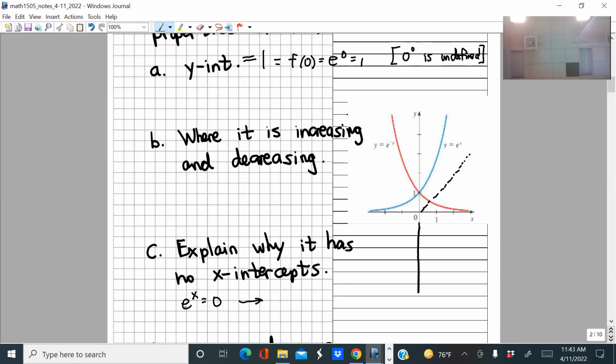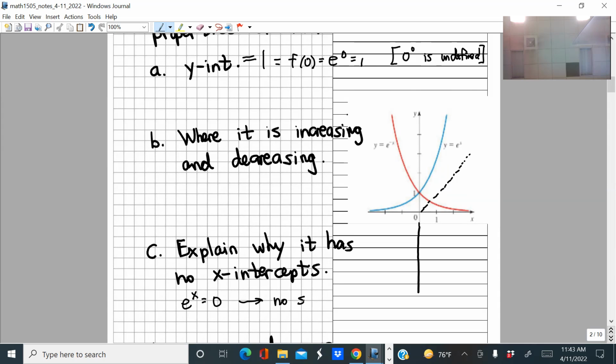You cannot raise any base other than 0, I should say, to a power and ever get 0. Any number other than 0 to a power is never 0. Okay, just think about that. That doesn't happen.